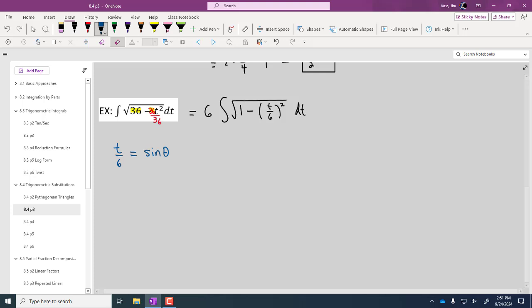Take the derivative of both sides. And if you're more comfortable multiplying, if you don't like division, you can move the 6 to the other side. Doesn't matter. You know how to do algebra. So then we take the derivative of both sides. We've got that. Now we have to do our substitution.